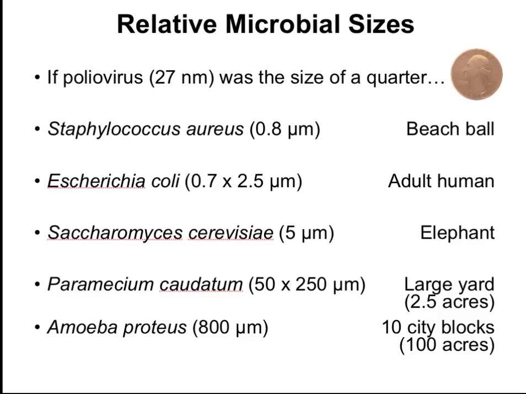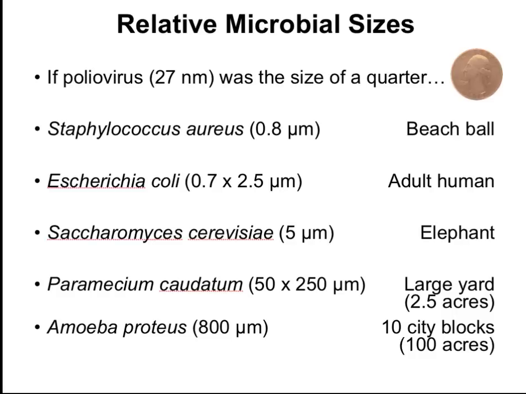Let's begin by thinking about a poliovirus. That's about 27 nanometers. Let's say it was the size of a quarter, then a common bacterium, Staphylococcus aureus, at 0.8 microns would be a beach ball. E. coli, which are rod-shaped, at 0.7 by 2.5 micrometers, would be the size of an adult human.